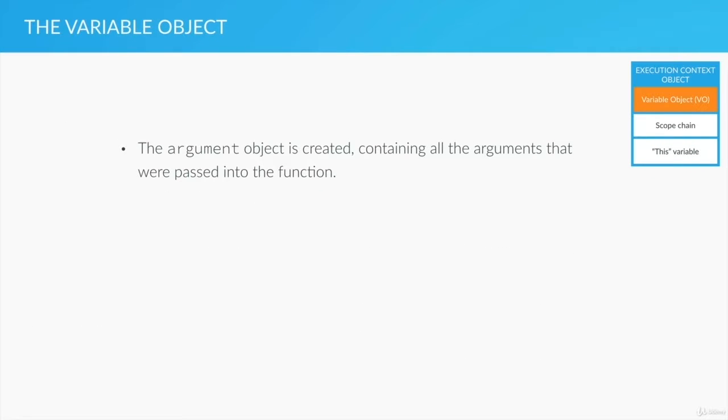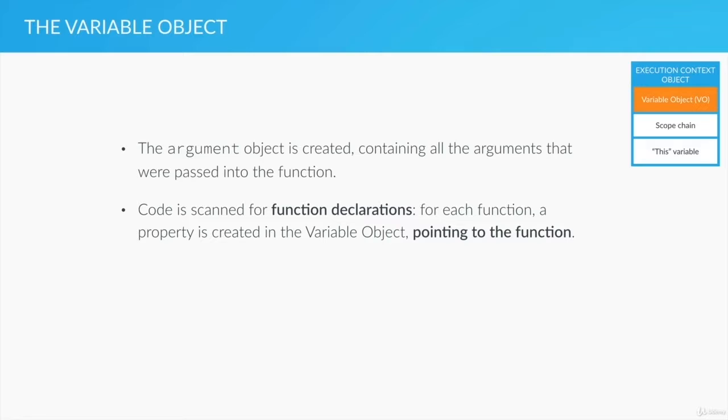So this is what happens in the creation of the variable object. The arguments object is created, which contains all the arguments that were passed into the function. The code is scanned for function declarations, and for each function, a property is created in the variable object pointing to that function.